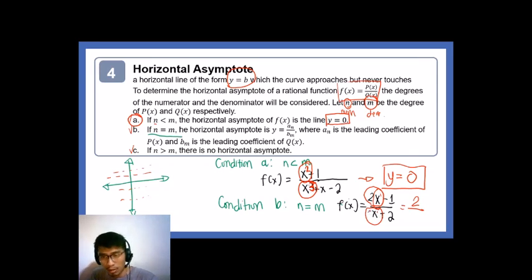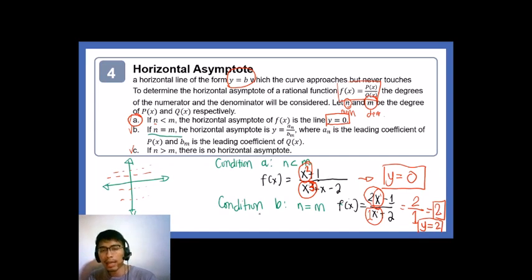As you can observe, I have an invisible 1 here, so you copy that one, and therefore 2 divided by 1 is 2. Since a horizontal asymptote is always y equal to something, my horizontal asymptote is y is equal to 2. That's how you do it.